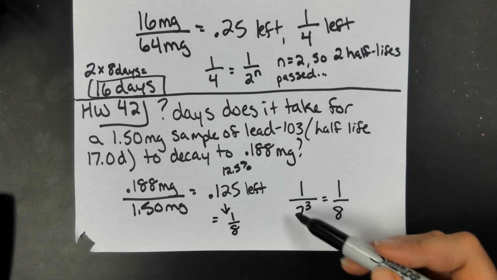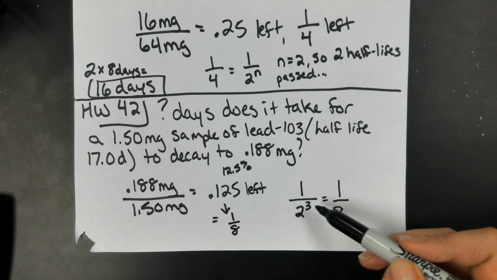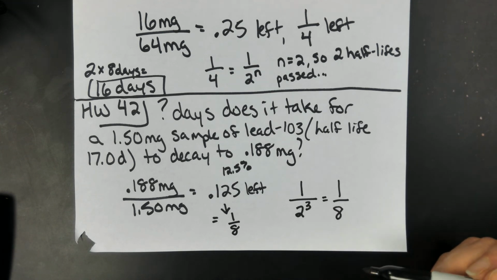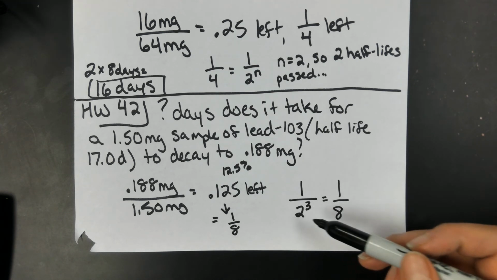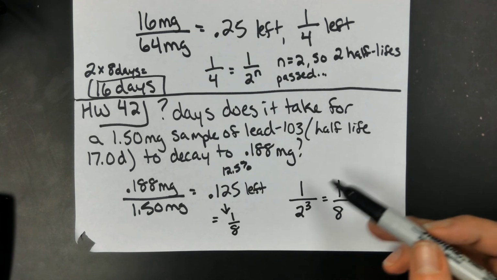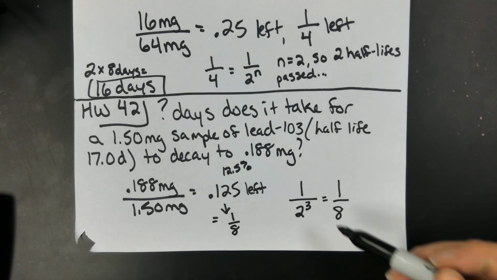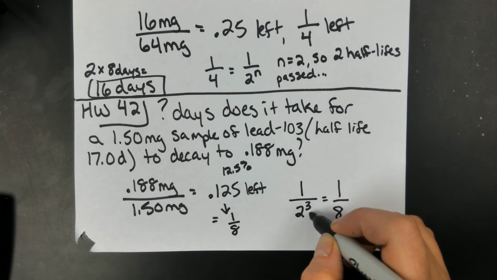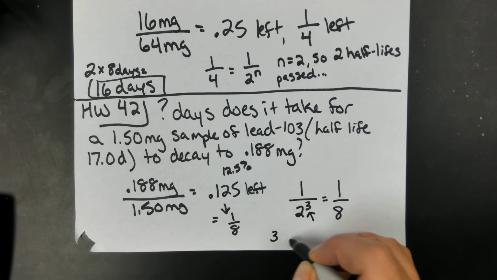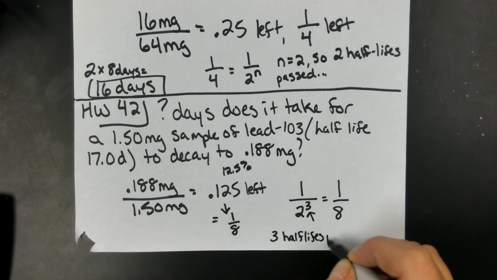Turn it into our original formula, 1 over 2 to the power of n. n has to equal 3, because 2 times 2 is 4, times 2 is 8. We have 1/8 left. So that means 3 half-lives passed.